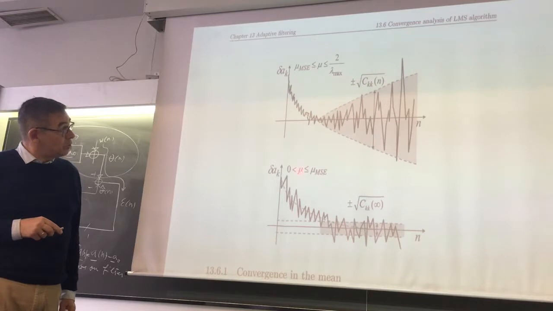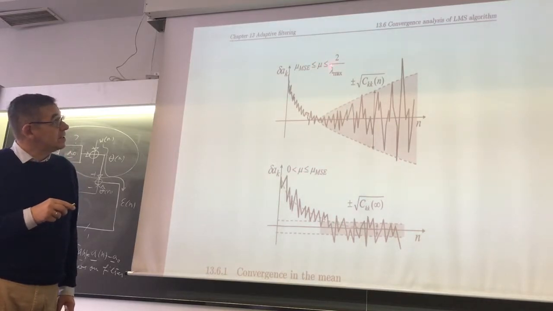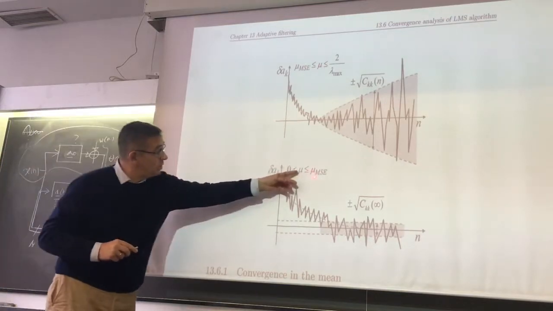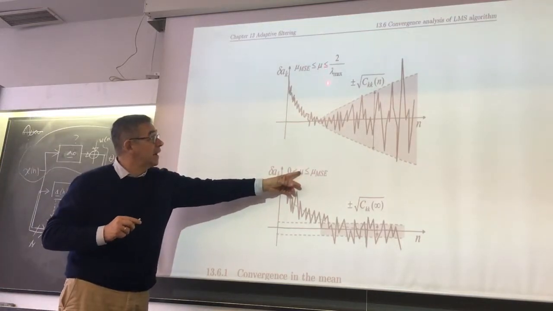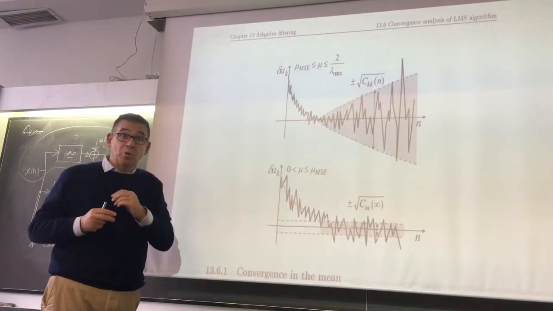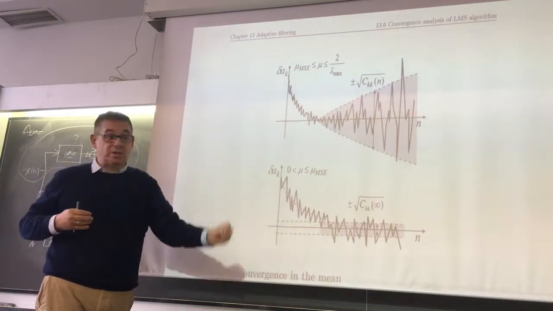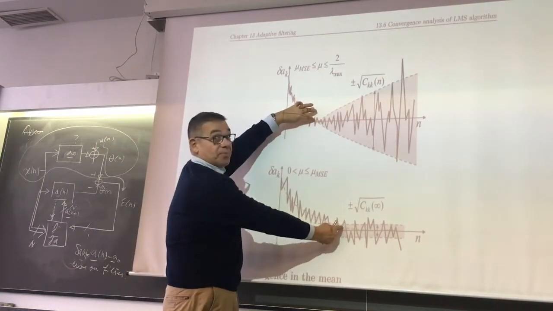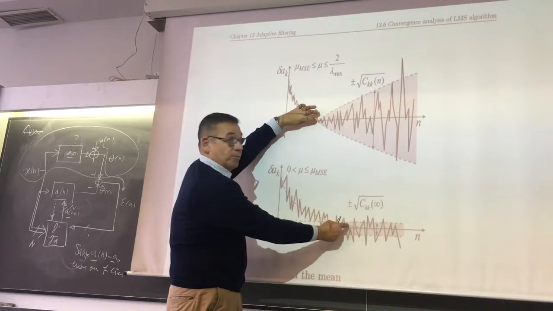Now, since mu, look here. This is a big mu, but this mu is smaller than that. A smaller mu means a longer time for convergence. So it takes more time to converge. It's slower to converge.